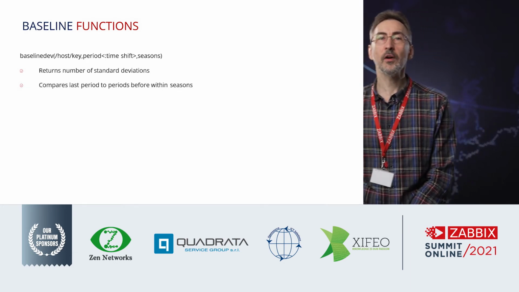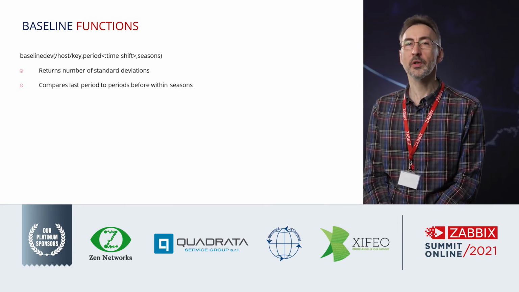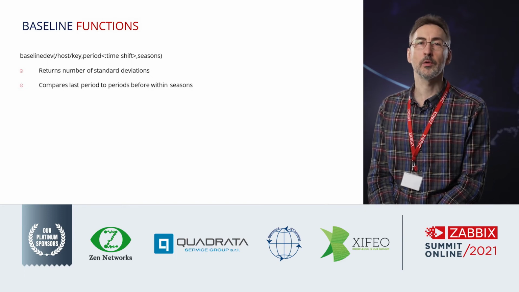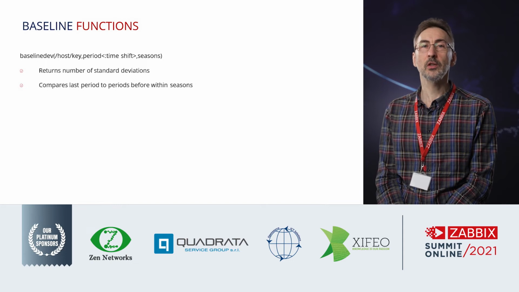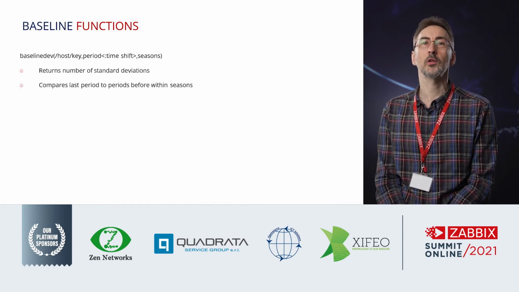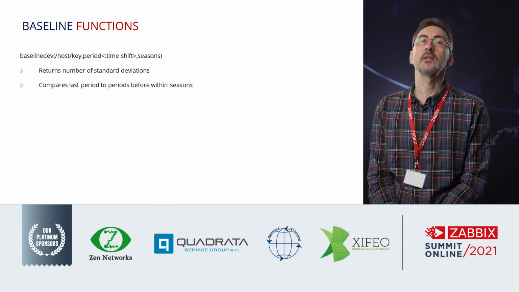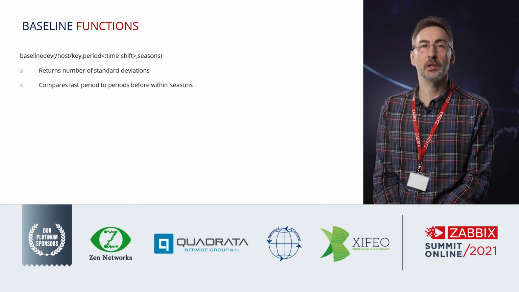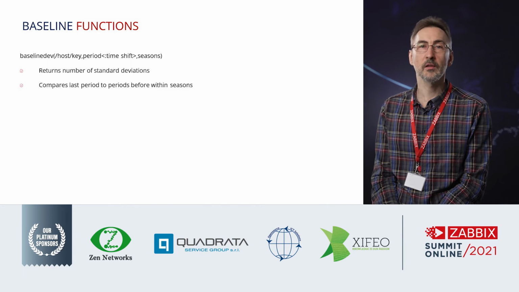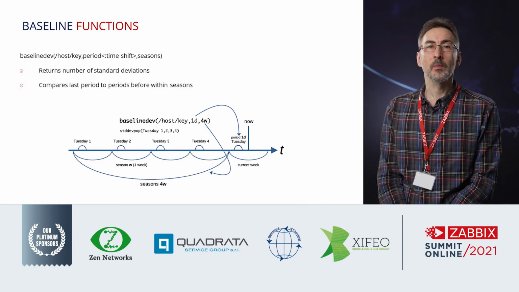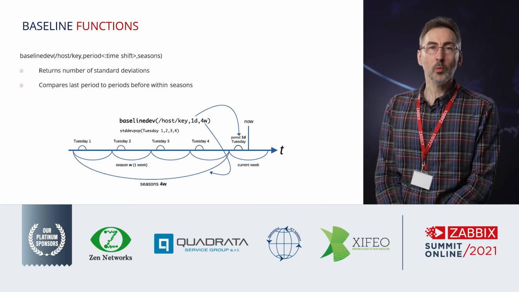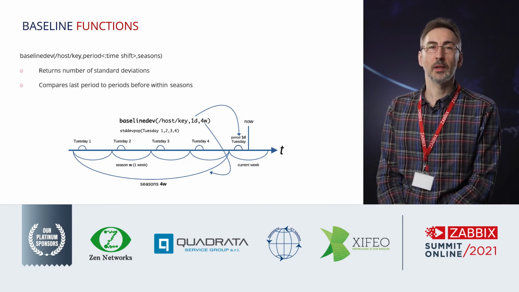Another baseline function, baseline dev, works similarly in terms of periods and seasons. It takes all periods that fit into seasons, calculates a standard deviation, and then calculates how many standard deviations are between the last period and the arithmetic mean for the past periods within seasons. The calculation will look like this on a timeline.